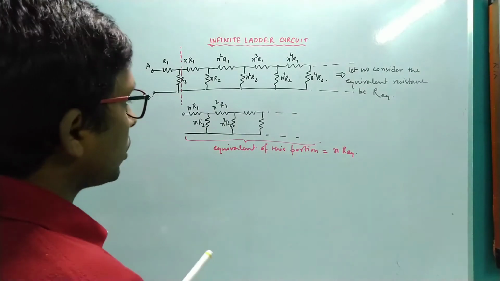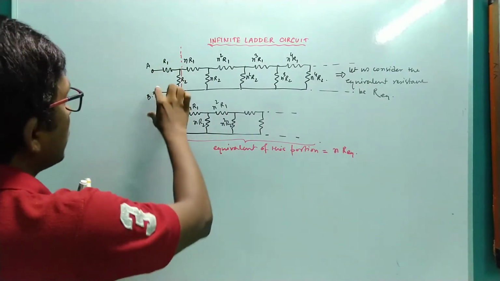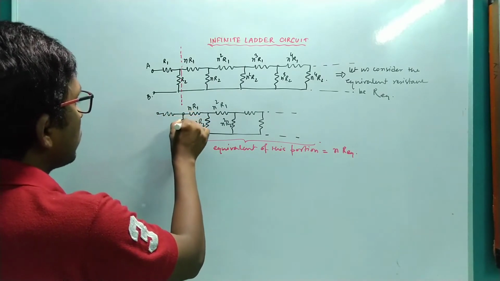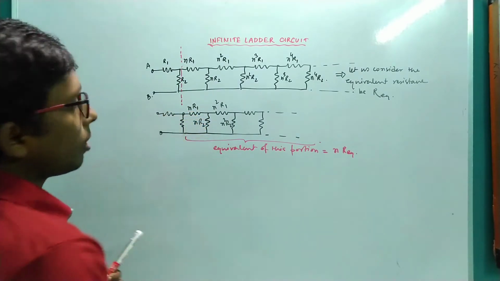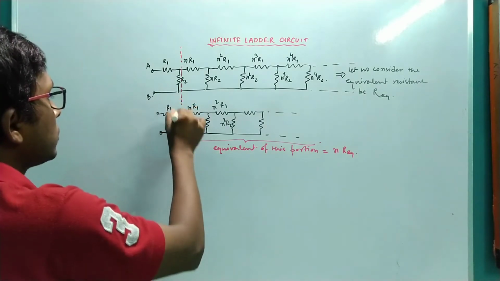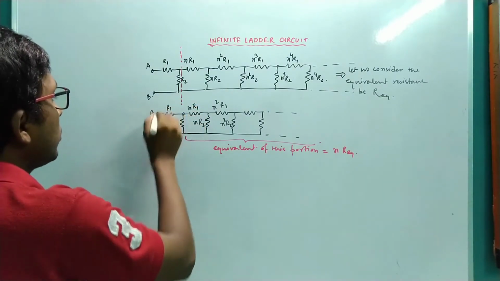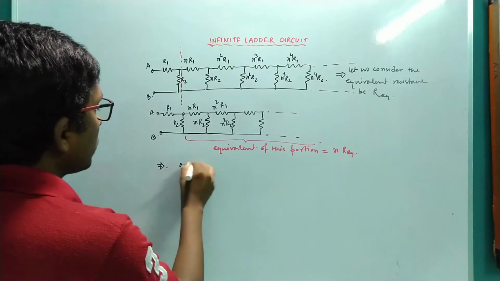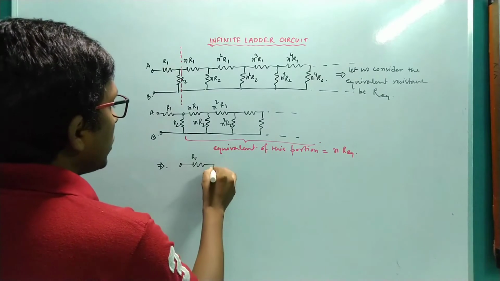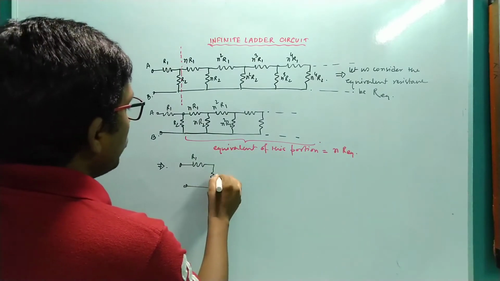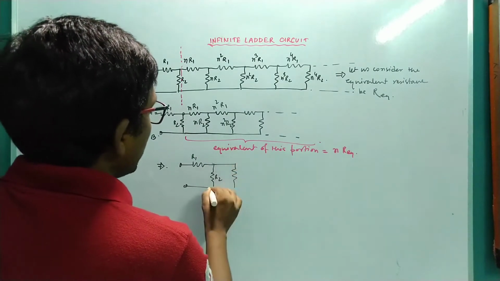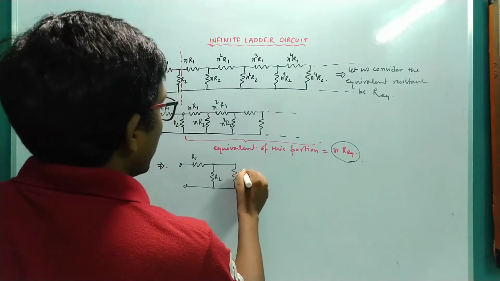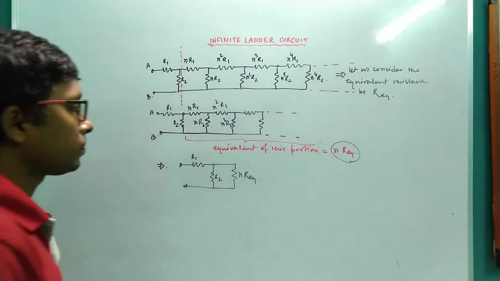Now you just put this part back on. This is R1 and R2, and the equivalent circuit becomes: this is R1, R2, and in parallel with R2 there is the resistance N R equivalent.